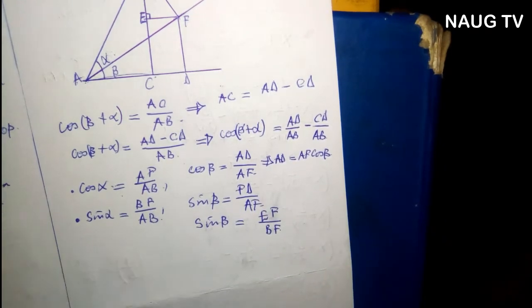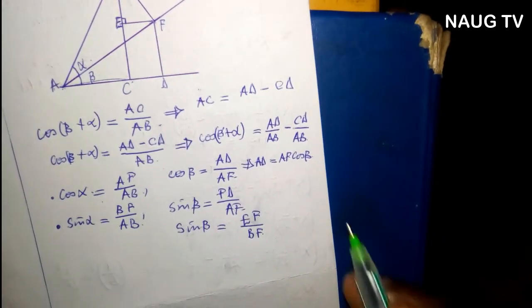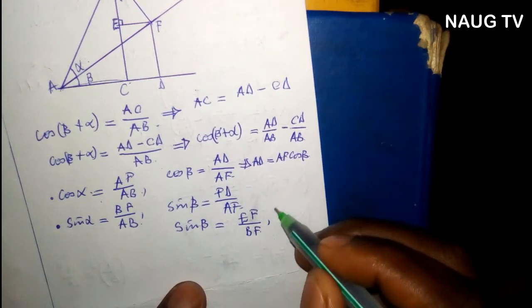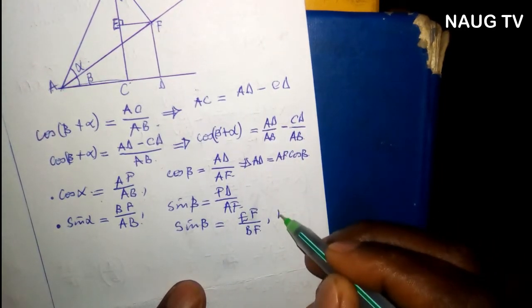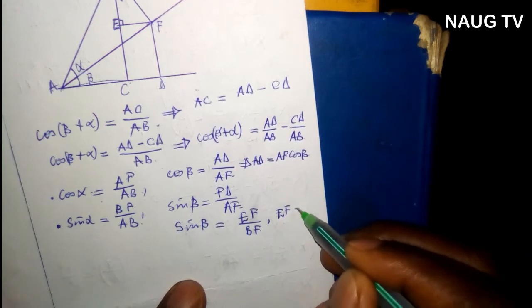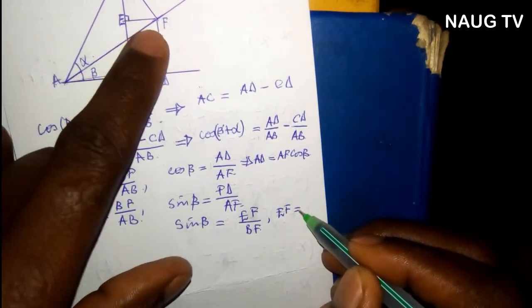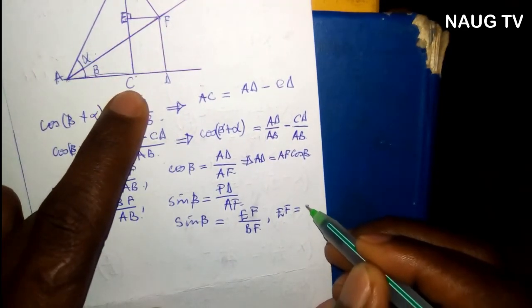But what you can remember here is that EF is equal to CD.